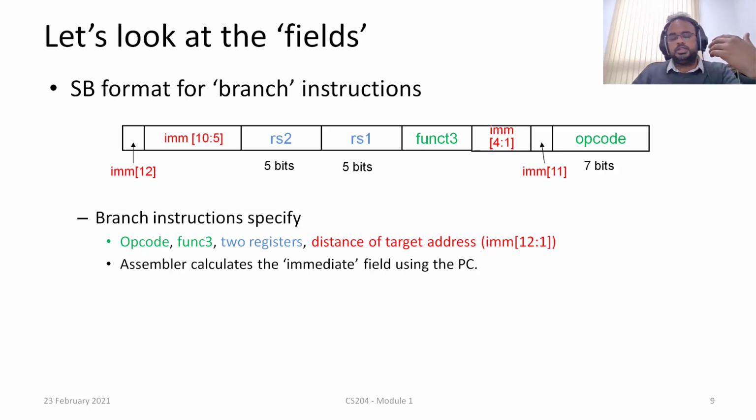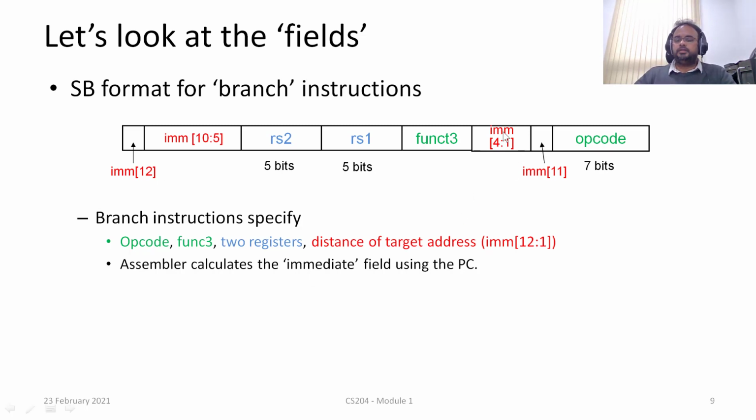Just as a reminder, each instruction in RISC-V is treated as a 32-bit value, so accordingly, the branch instruction and the target will be so many bytes apart. That value is encoded in the immediate field.